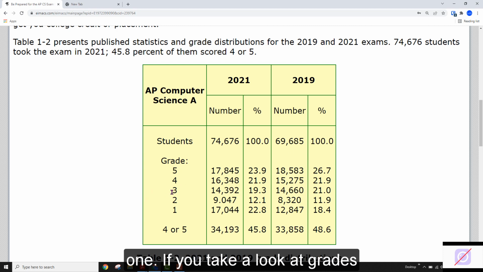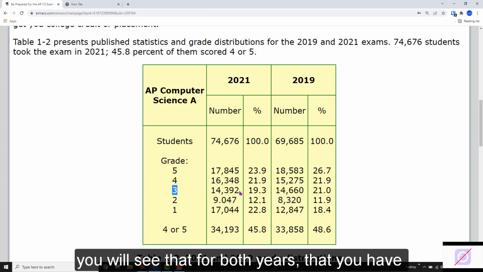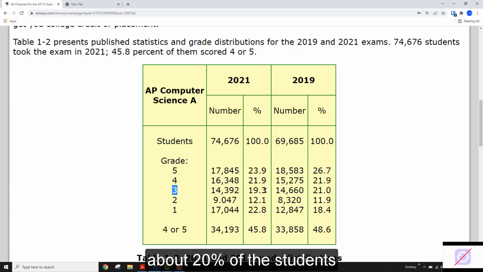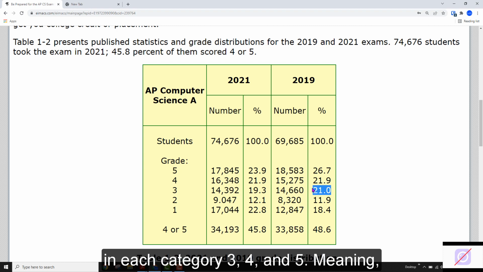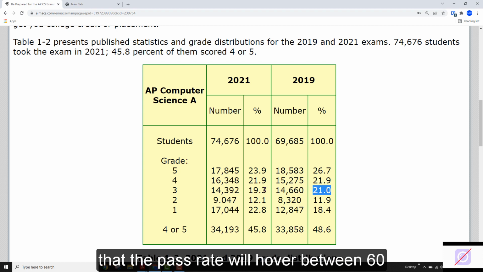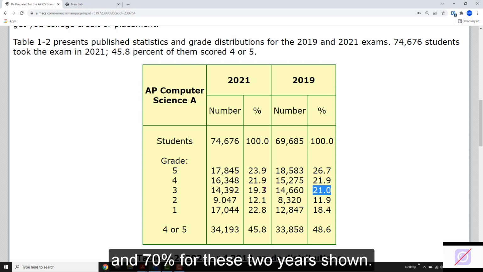If you take a look at grade 3 and higher, for the most part, you will see for both years that you have about 20% of the students in each category, 3, 4, and 5, meaning that the pass rate will hover between 60 and 70% for these 2 years.